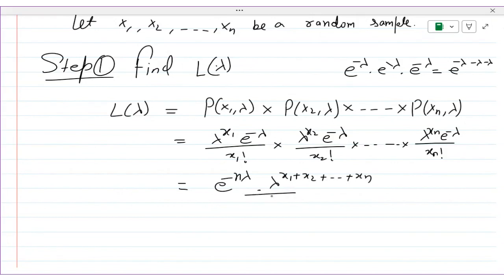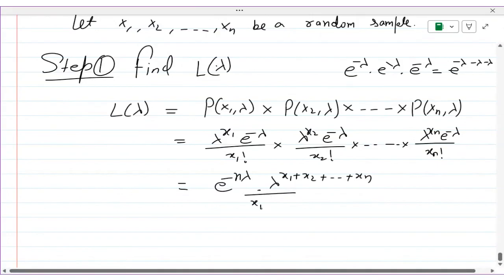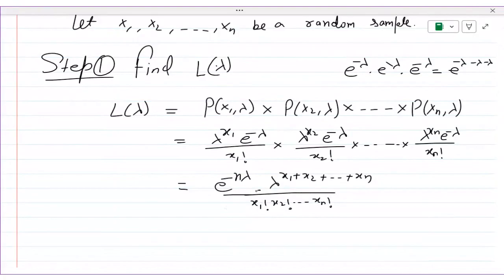You can check the PYQs, there you will find this problem. So we have found L of lambda, or you can say we have found the maximum likelihood function of lambda.